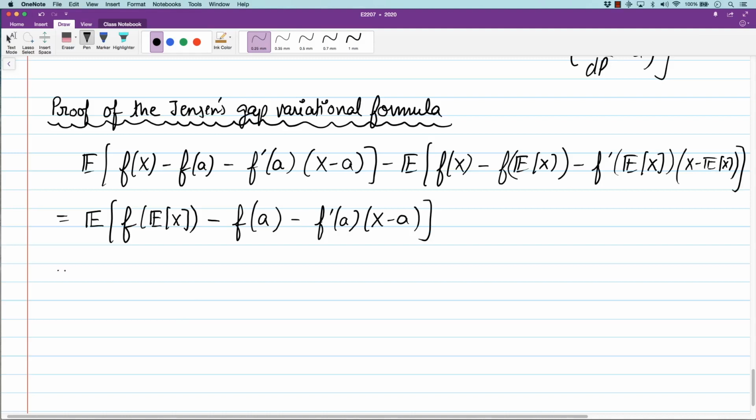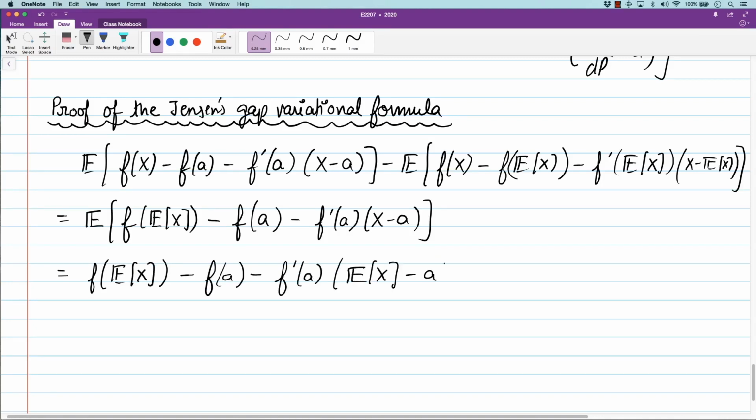This is exactly equal to f of expected value of x minus f of A minus f'(A) times (expected value of x minus A). What is that?